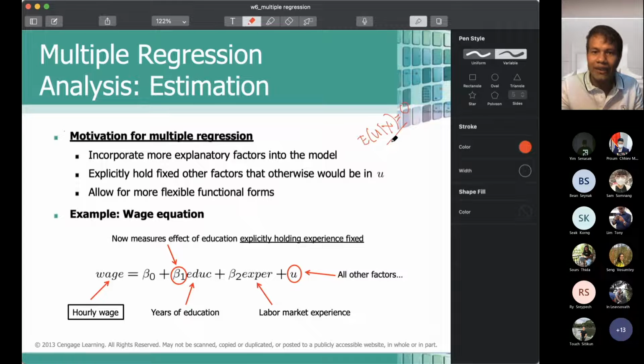So we cannot prove that in simple linear regression, the error term is not correlated with x. So for simple linear regression, assumption number 4 is violated.